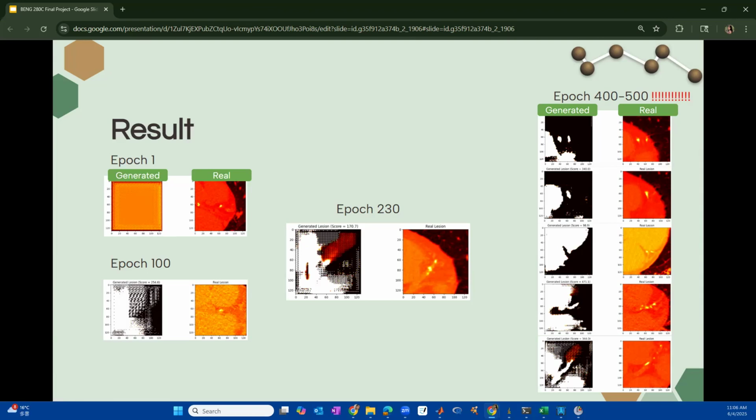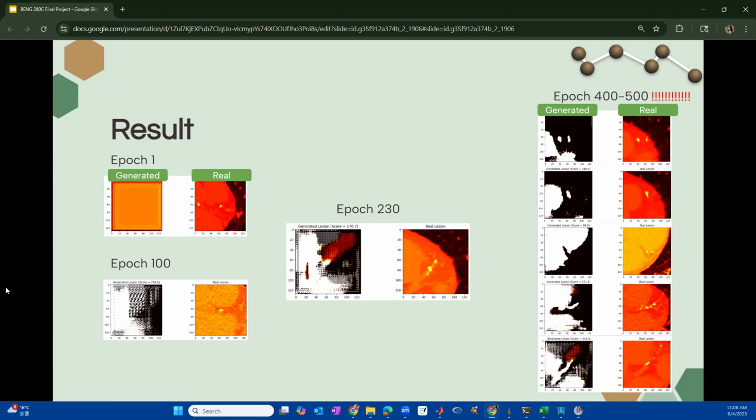Yeah, so the model is also learning to recreate isolated calcium spots. That is super promising, because generating clean standalone lesions means we're getting closer to producing high quality synthetic data that could actually help expand our data set in a meaningful way.